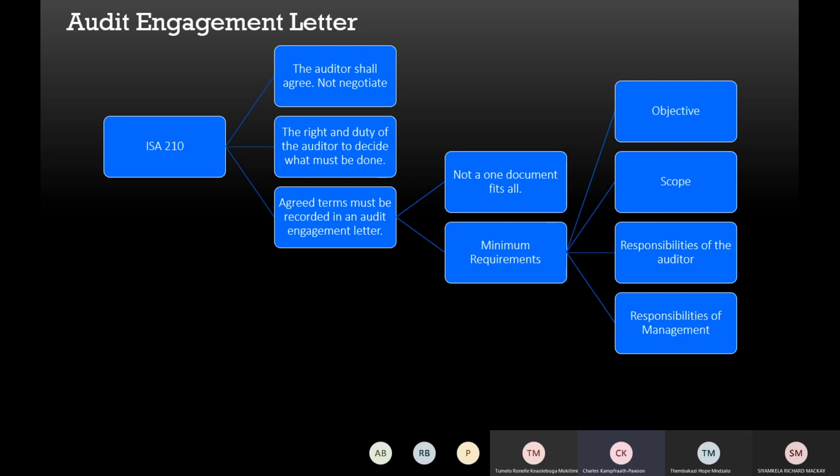So management are just reminded that in our engagement, by no means are we saying we are now responsible for making sure that your internal controls are working, or that they are in place, or that the financial system is in place. That is not our job. That's the express responsibility of management. You guys must interrupt me if you want me to elaborate on any point here, hey?